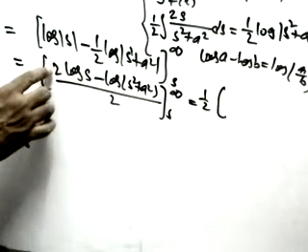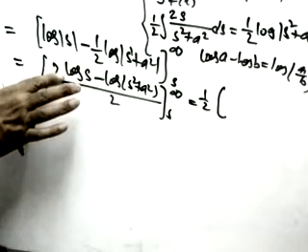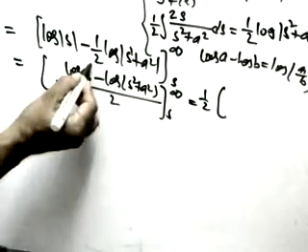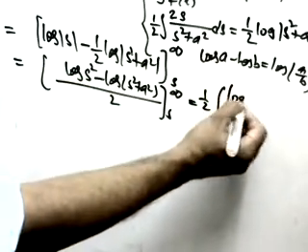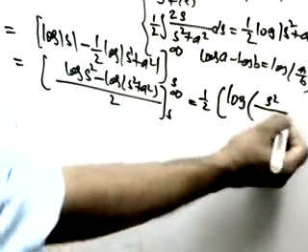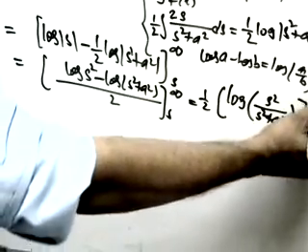You take out this 1 by 2. Taking the 2 from here, it becomes the power of s, so it will be log of s square. Now log a minus log b is log of a by b: s square by s square plus a square, from s to infinity.